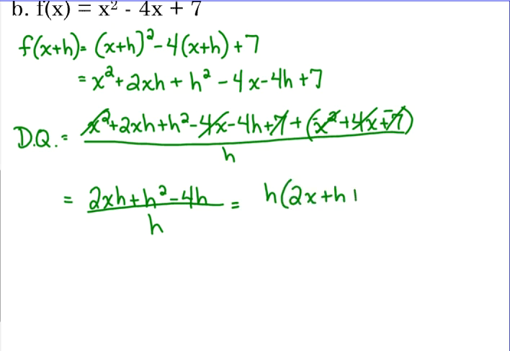So if we factor out an h, then we can cancel with the h in the denominator. So the difference quotient here is 2x plus h minus 4. Okay?